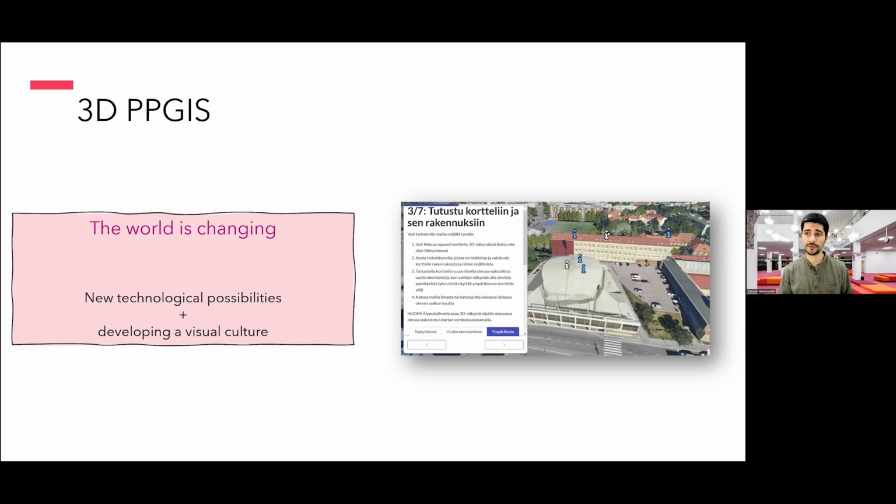We are so used to using different devices, phones, smartphones, computers, and we are so used to good visualization. So eventually, for PPGIS to remain relevant, it has to take some technological steps. One of the ideas we recently explored is the use of 3D visualization in collecting PPGIS data.